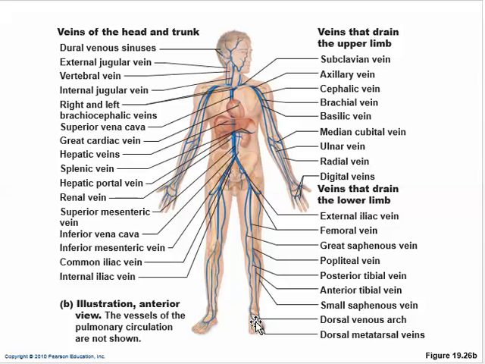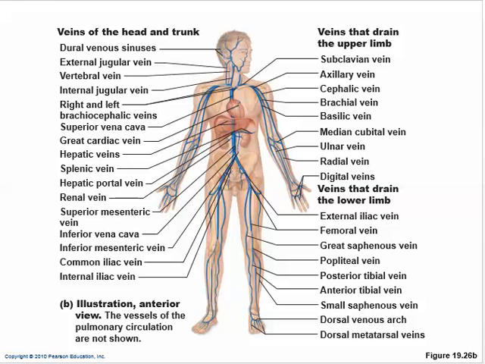There's a very large vein that runs from basically the ankle up to the crotch on the medial side of the lower limb, called the great saphenous vein. It's an important vein for doing surgeries. This is the vein that they harvest to do bypass surgeries in the heart, because it's long and it doesn't have very many branches.